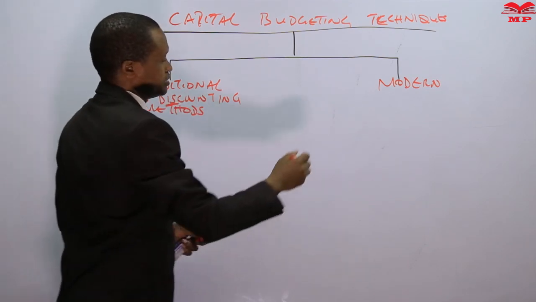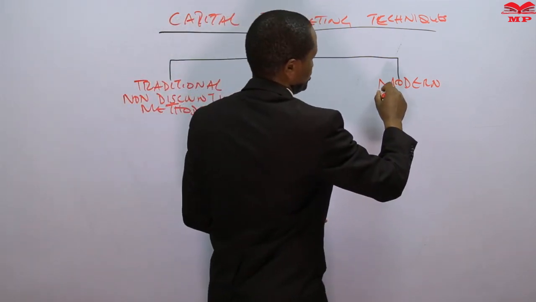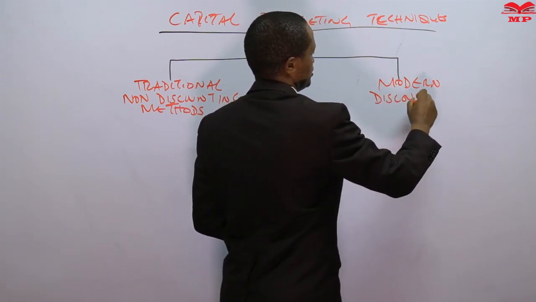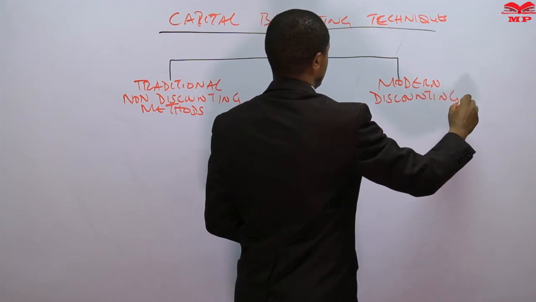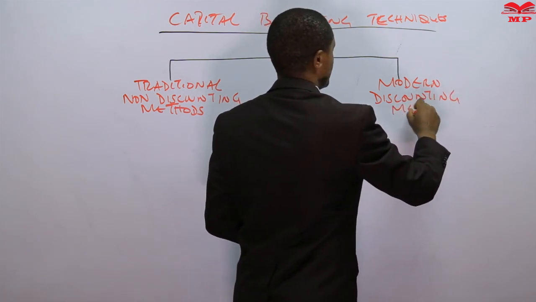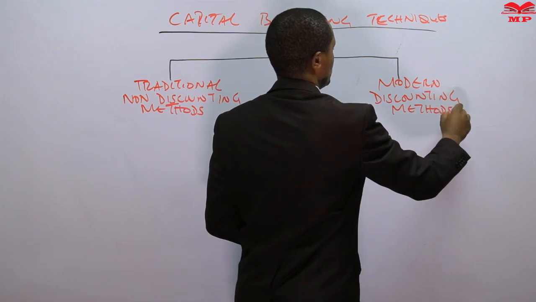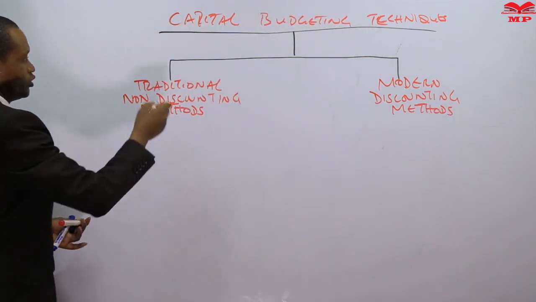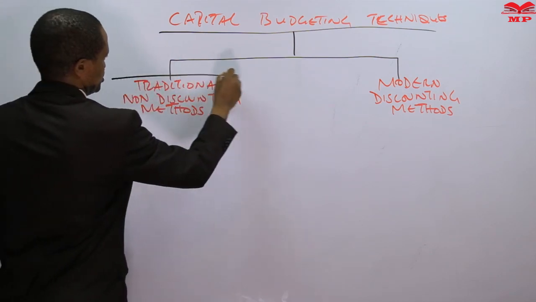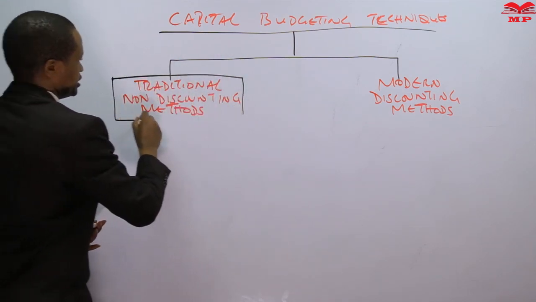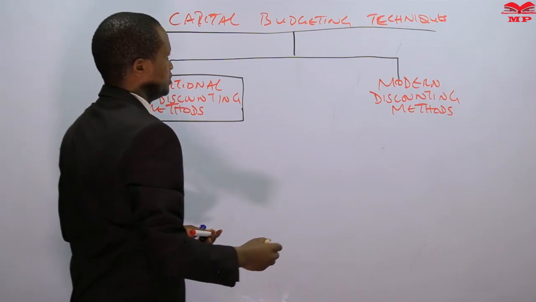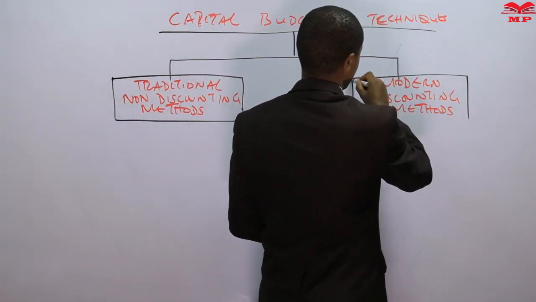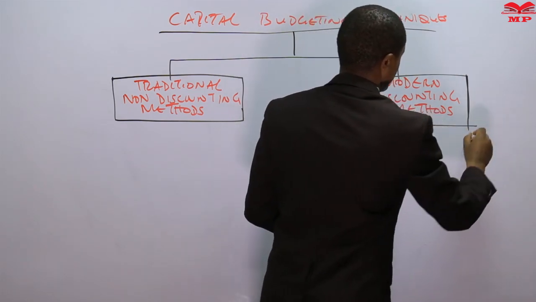And the modern ones, you can also refer to them as discounting methods or techniques. So there are two broad categories of capital budgeting techniques.